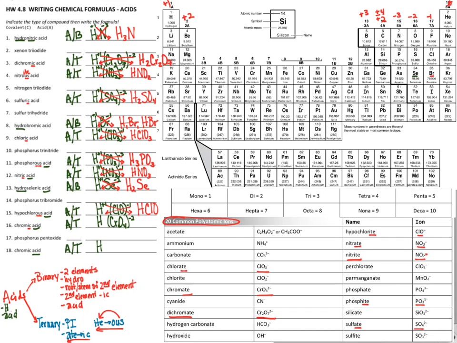Yes, okay. All right, and then again, I'm going to take these oxidation numbers and I'm going to crisscross. Oops, I forgot to write +1 over here. So my formula is H2CrO4. And I don't need parentheses because, again, I only have one of these polyatomic ions.